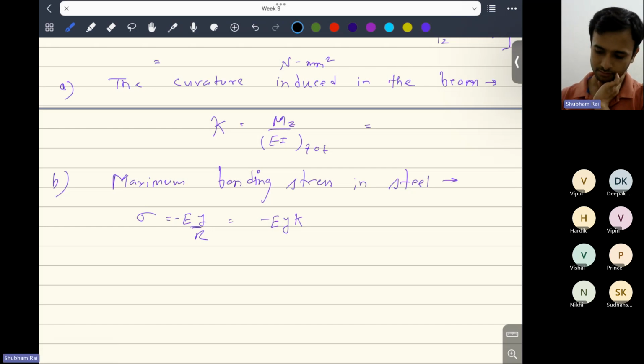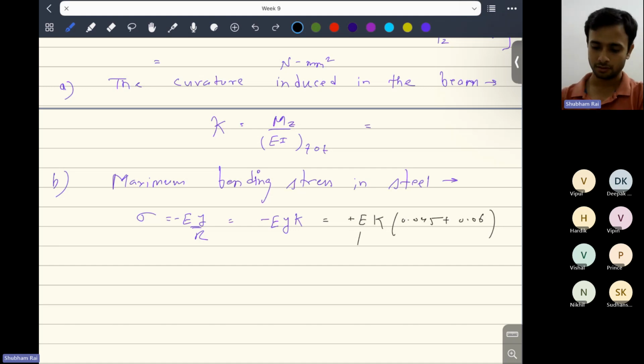So this is the strain. Maximum strain is, and this will be plus because I'm taking y equal to minus 105. Kappa we already have, so I'm just writing here kappa. And y I'm writing in meter now, so it will be 0.045 plus 0.06. So you'll have to insert E in Newton per meter square, and kappa in 1 over meter, right?